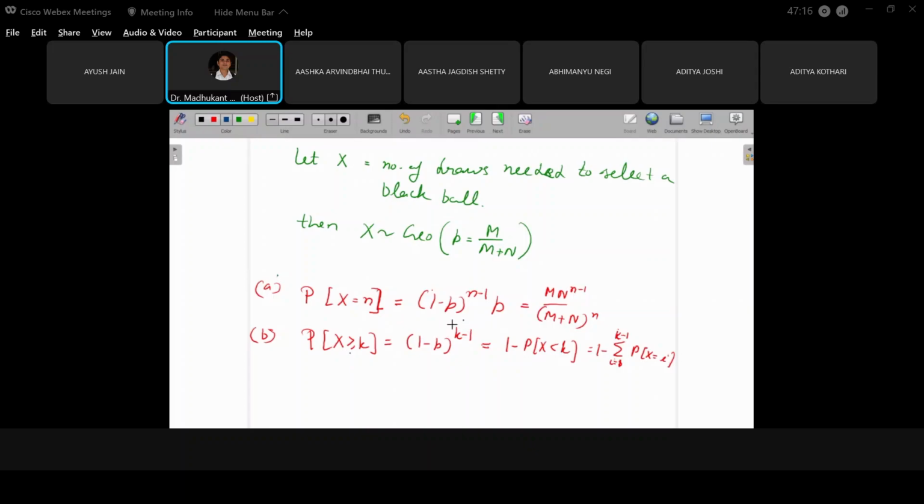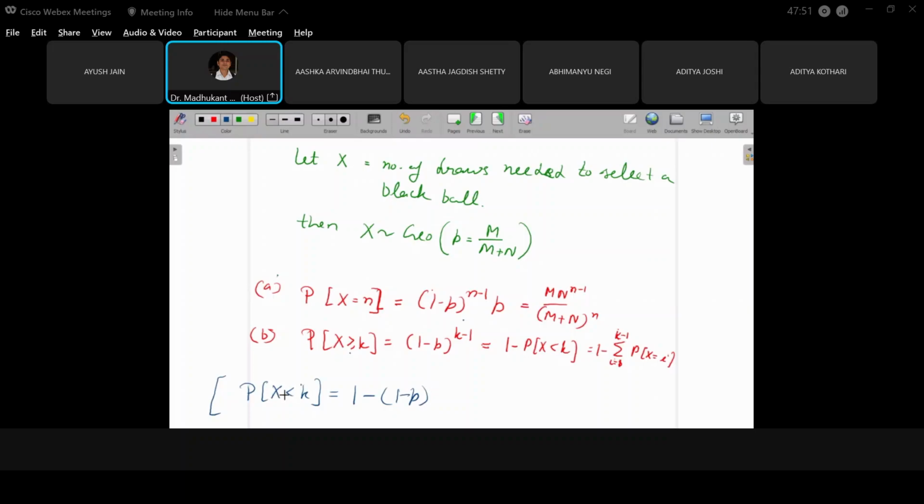So that you can also prove actually. Okay, that's a probability density for that cumulative distribution function for this geometric random variable. That also can be seen from here. Means you can show by following the property of geometric random variable that probability of x less than k is equal to 1 minus p to the power k minus 1.